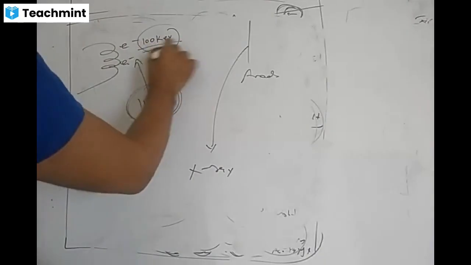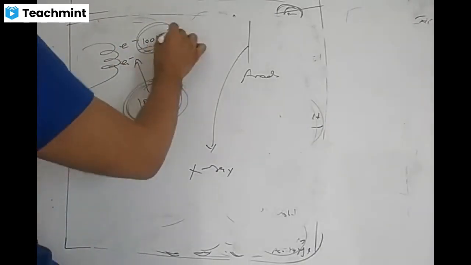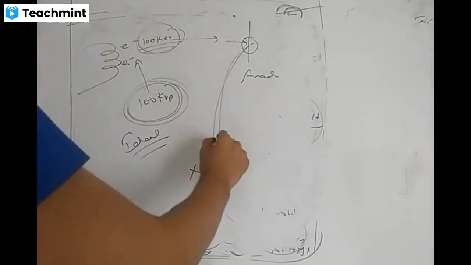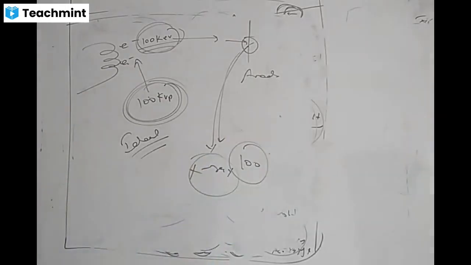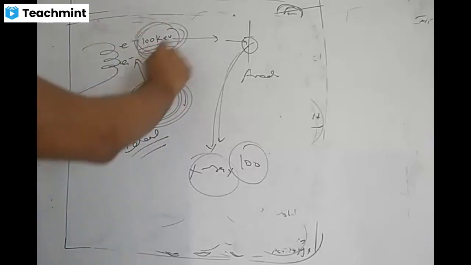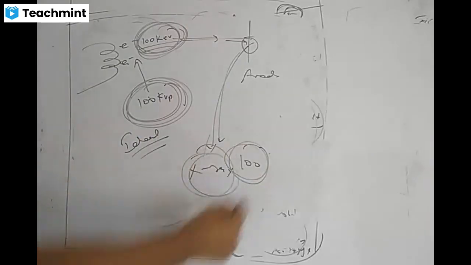The electron which gains all the energy will move and strike, and it will produce X-ray and that is also 100. So we gave 100 kVp, the electron gained all the energy, struck, and produced X-ray of 100.